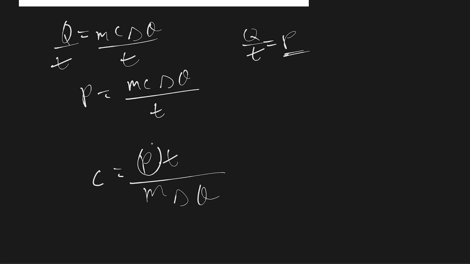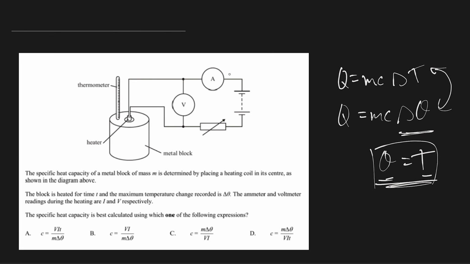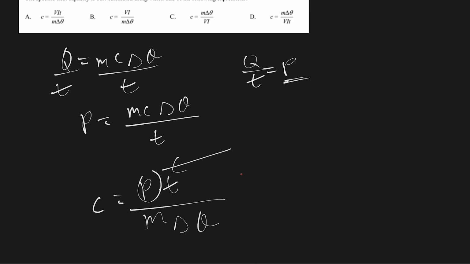And P, using the topic 5 equation before, we have an ammeter right here. We have a voltmeter right here. And we know P is equal to VI, which is the voltage times the current. This ammeter measures the current, this measures the voltage. So we can derive this, we know all of this.